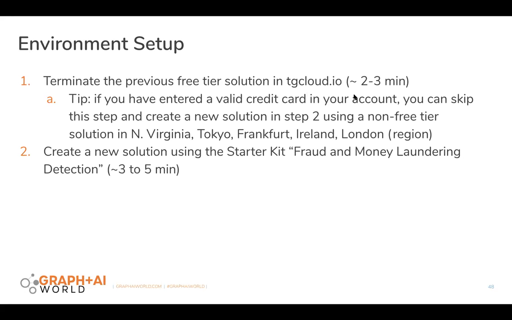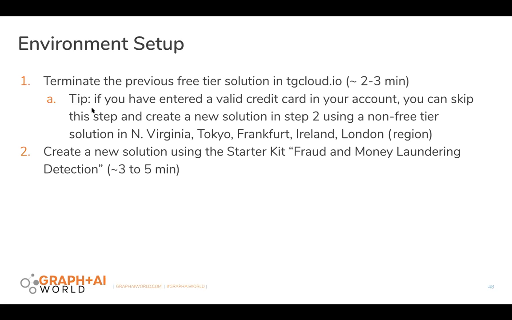The termination process usually takes about 2 to 3 minutes. Then step 2 is to create a new solution using the starter kit fraud and money laundering detection. Again, this step takes about 3 to 5 minutes for the new solution to start.